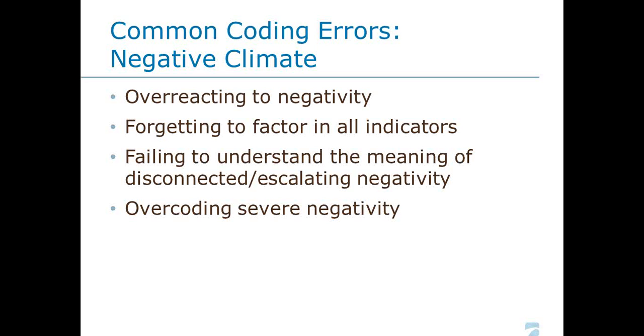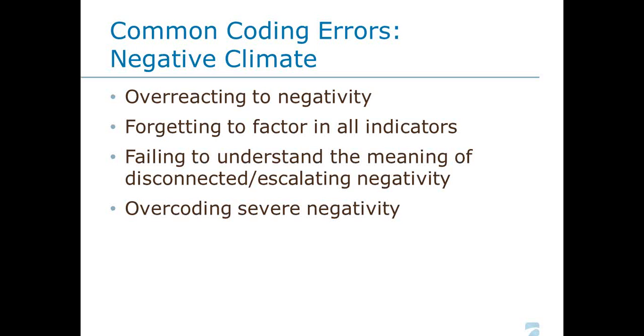But to score in the mid or upper mid-range, you really need to see negativity in 3 of the 4 indicators. And when you do see it, you need to ask yourself about the frequency, the intensity, and the duration of that negativity. And remember that the frequency, quality, and intensity of peer negativity are really key here.